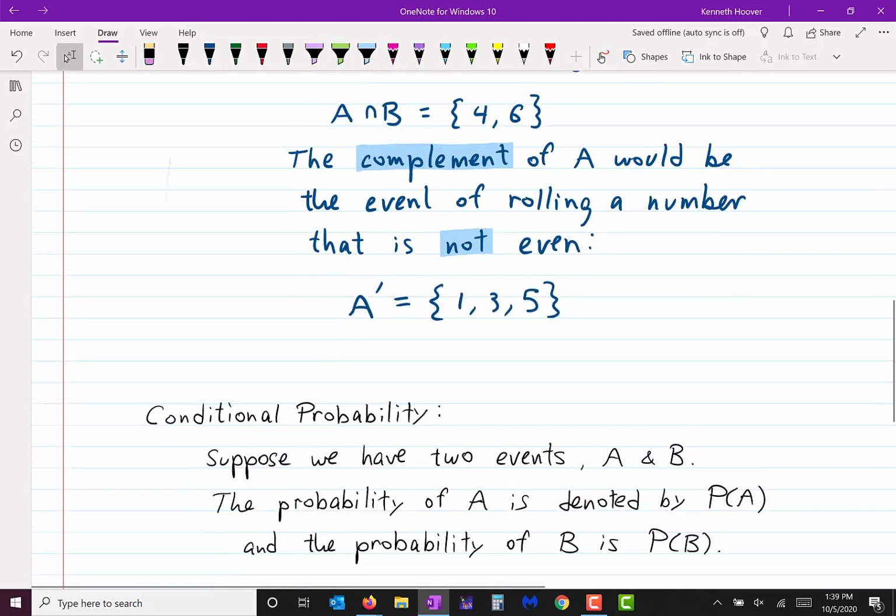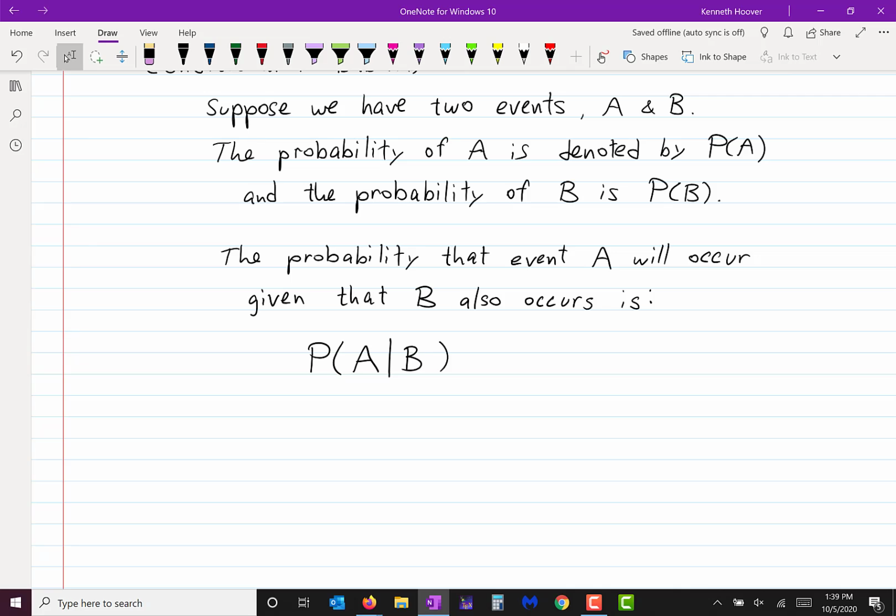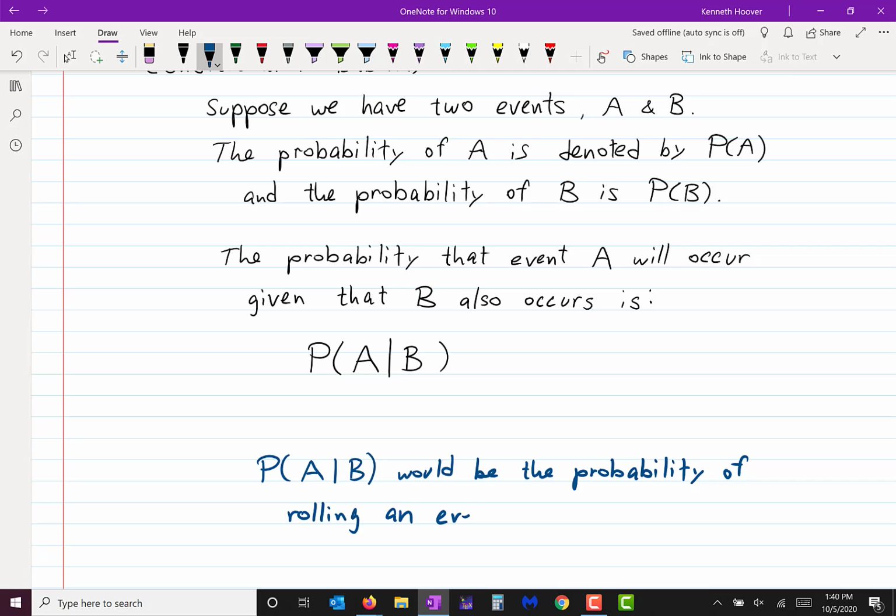So in that case, if I write P of A given B, that's what we say when we read that: the probability of A given B. So that would be the probability of rolling an even number if the number you roll is greater than 3.